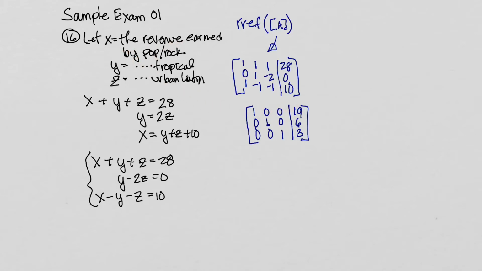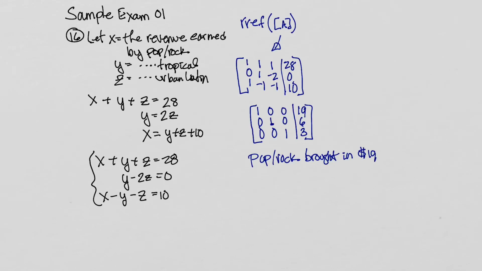So pop rock brought in $19 million in revenue, and then tropical brought in $6 million in revenue, and urban Latin brought in $3 million in revenue.